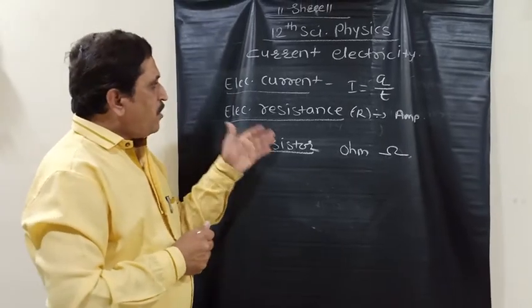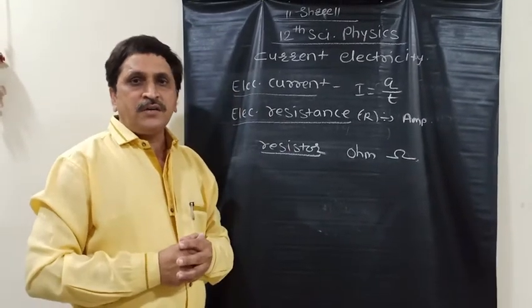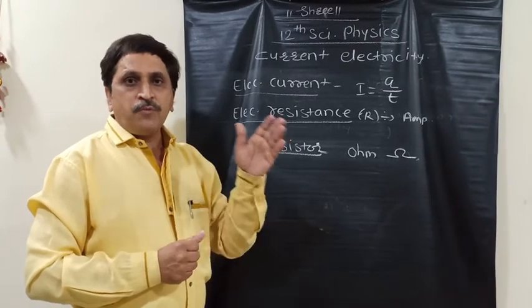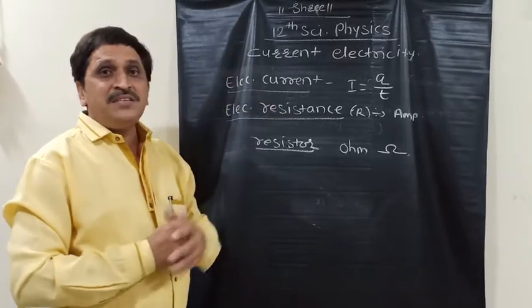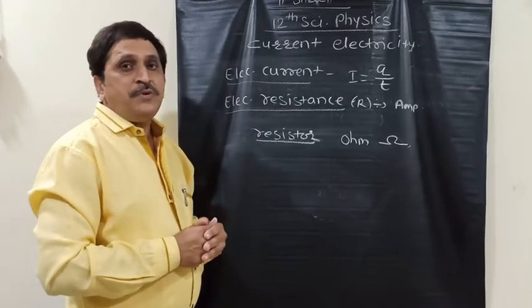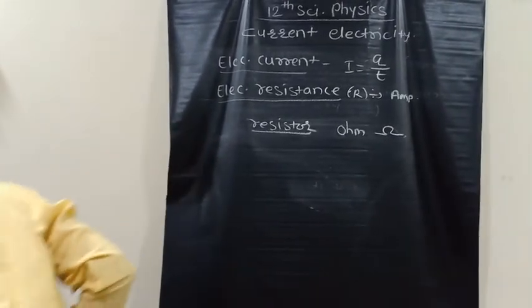That means we can pass electric current through the conductor only when we apply a potential difference across the conductor. These are some basic terms. These terms should be known to us when we are going to learn about this chapter.